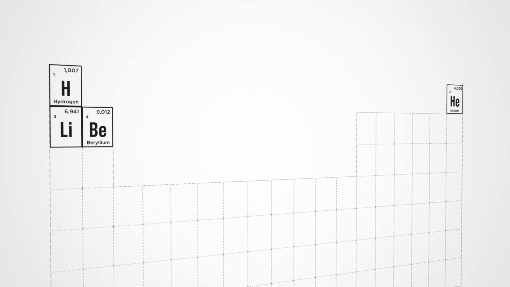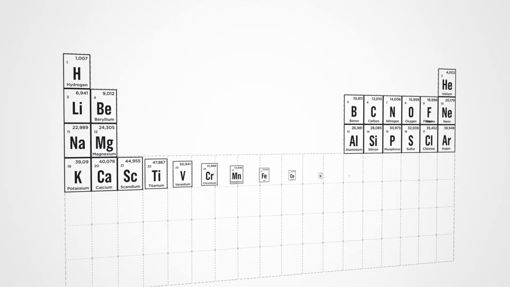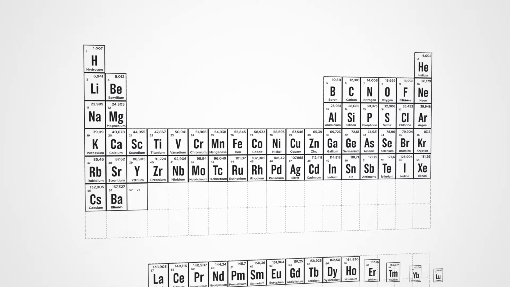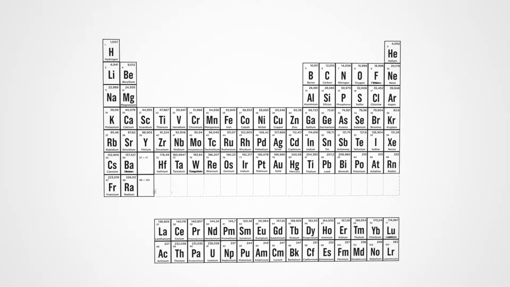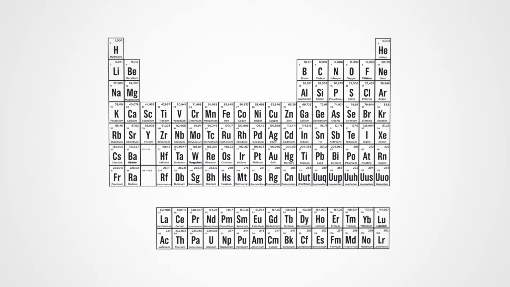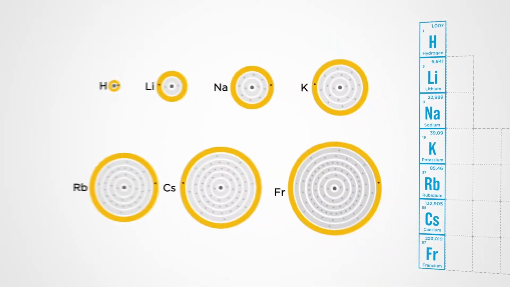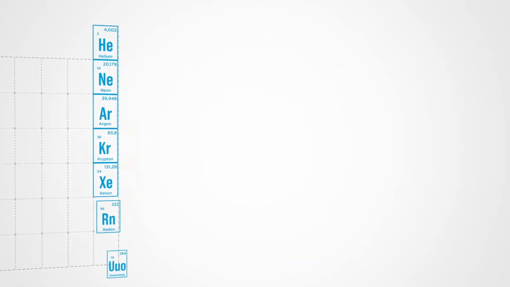The periodic table organizes the elements from smallest to largest, according to its core and the distribution of electrons. In the first column of the table, we have the elements that have a single electron in the outer layer, and in the last column we have those who have filled this layer.